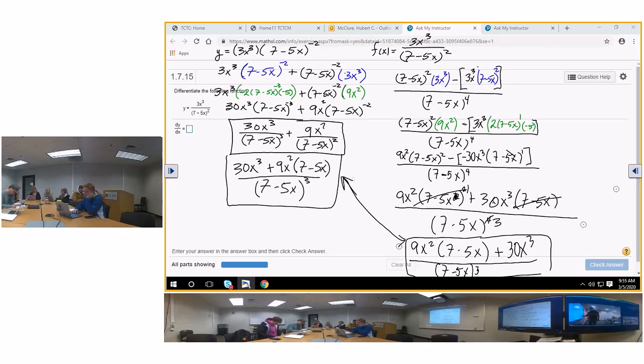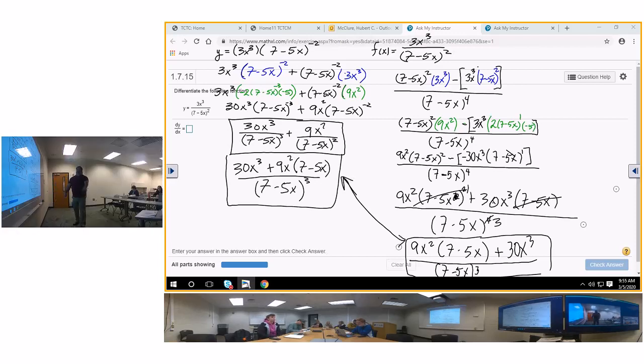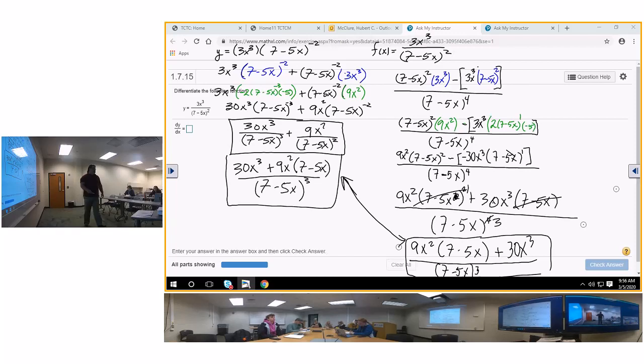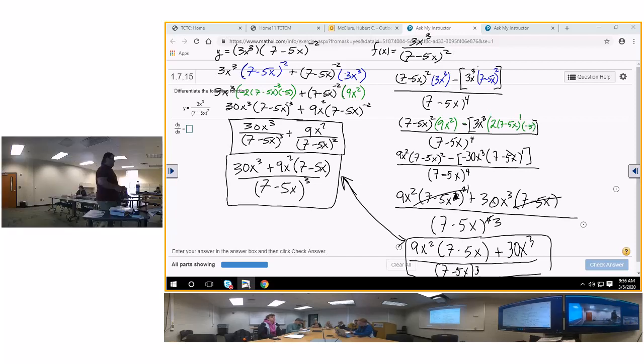The only other thing you can do is distribute the 9x squared, and you may be able to combine with 45x to the 3rd and 30. Okay, remember that's 75 because it shows up in the answer. You know where it came from.